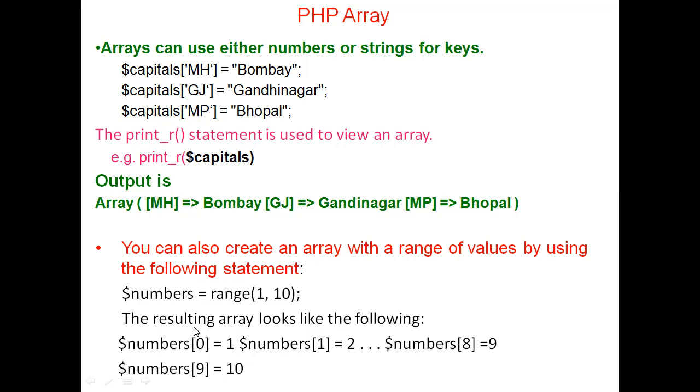So automatically it creates the array of numbers and stores them from the first index, meaning the 0th position gets 1, the next gets 2, and so on. It will automatically create an array of 10 numbers. Only the statement is range.